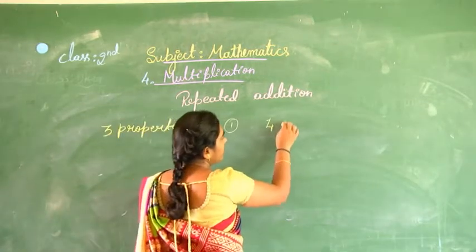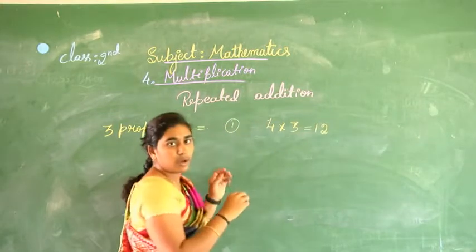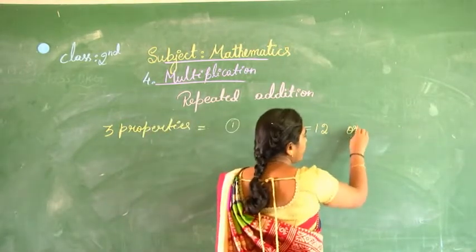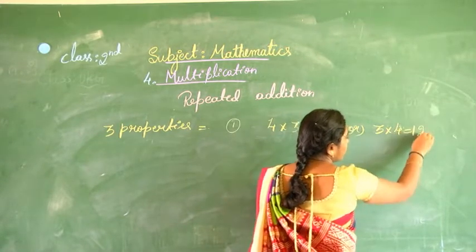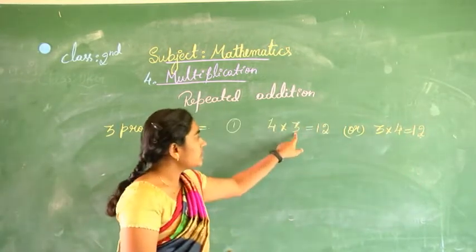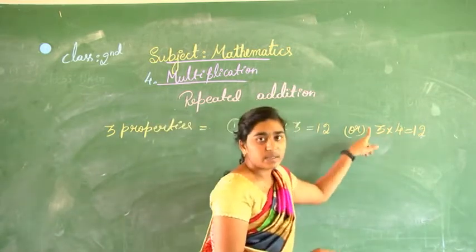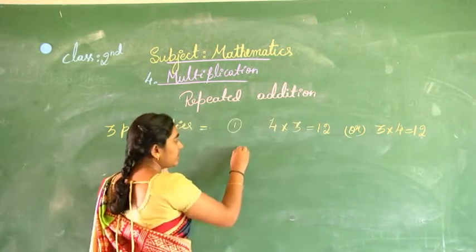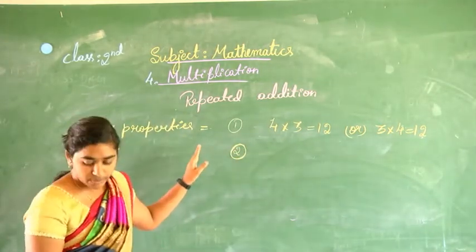For example, 4 threes is 12, or you can also write 3 fours are also 12. As I told, if you change the place of the numbers you get the same answer. That is the first property. Just remember this. This one is not there in your textbook, I hope, but you need to remember it.